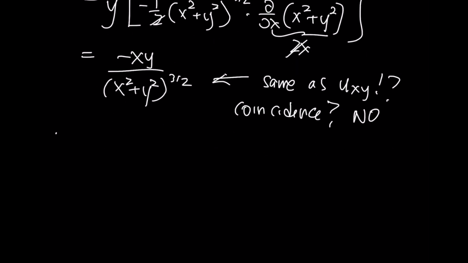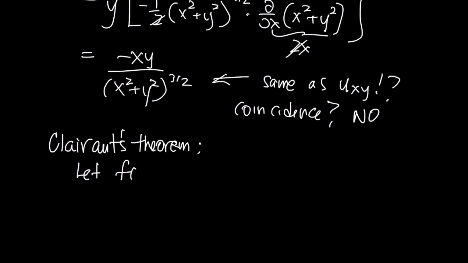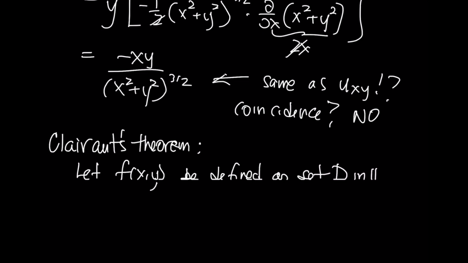So there's something called Clairaut's theorem. Clairaut's theorem has to do with mixed partial derivatives. And it says let f of x and y be defined on some set D in R2. So it's a two-variable function.